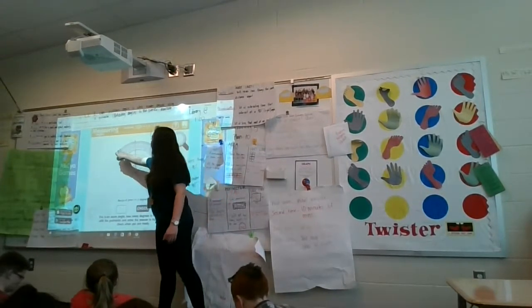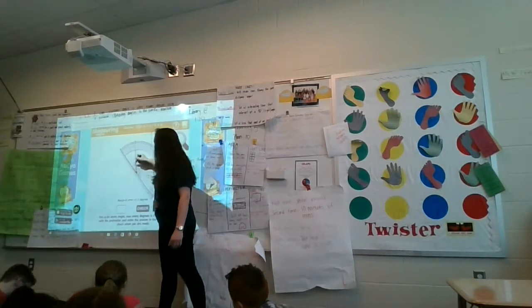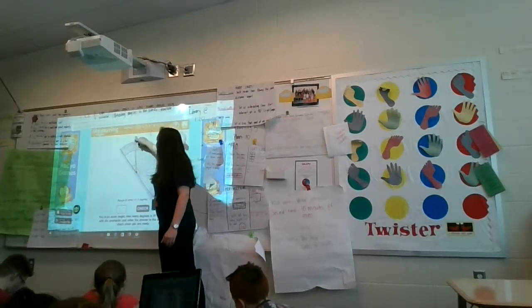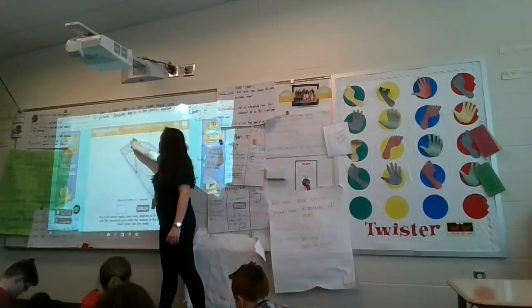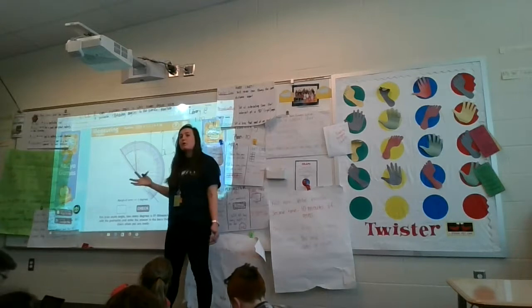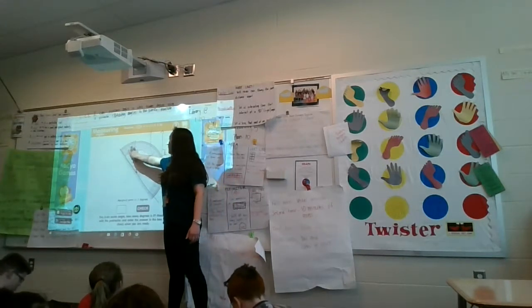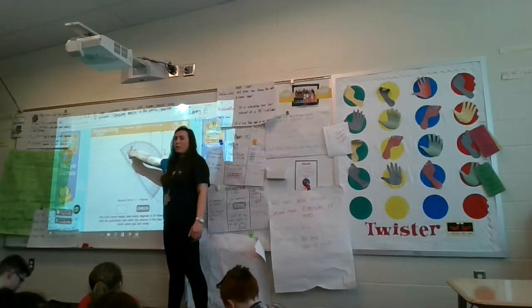If the ray of your angle that you measure is at the top, it's going to land on the top number or bottom number. What is going to make most sense to you? If it's an acute angle, will it be more near 150 or 30?